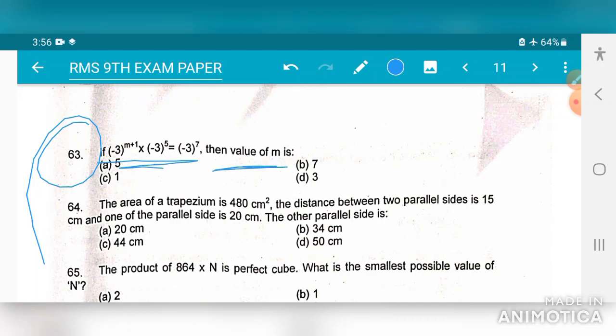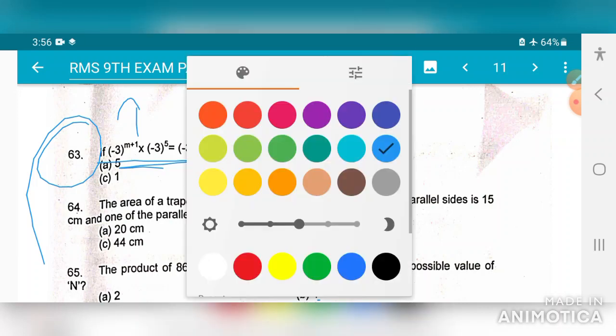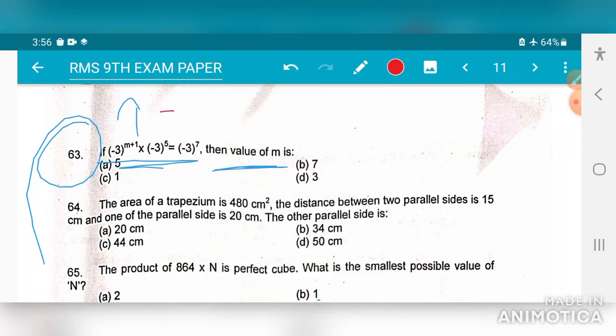Very easy. See, one identity is there: a to the power of m into a to the power of n is a to the power of m plus n. I am directly writing here. A to the power of m plus n, m plus 1 plus 5. What happened? M plus 6. So m plus 6 is equal to minus 3 to the power of 7.